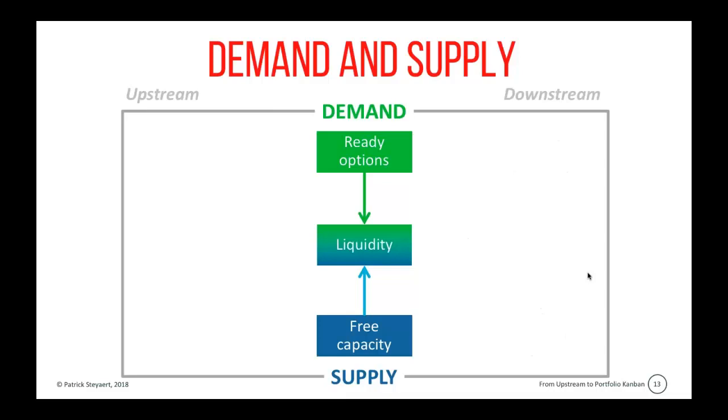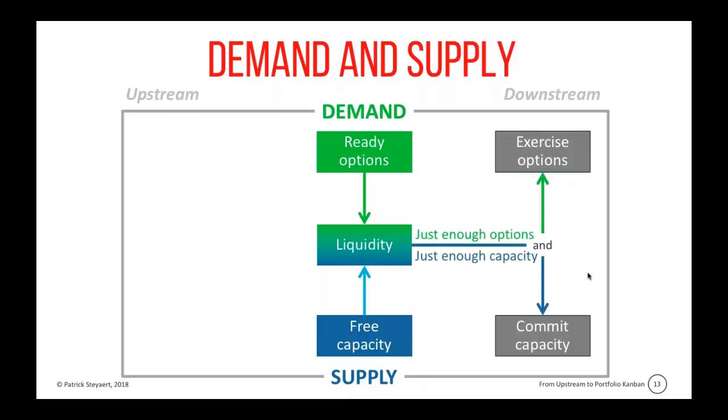In the ideal world, we have ready options and free capacity to execute them. In technical terms, this means that we have liquidity. On the one hand, we have just enough options that we can exercise, and we have just enough capacity to commit to exercise those options.